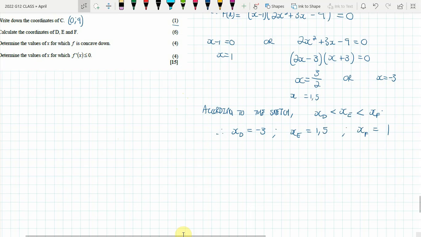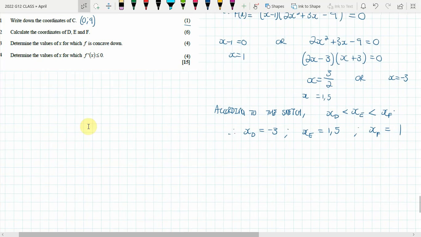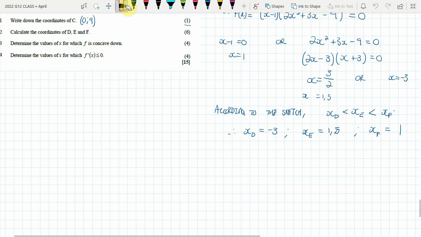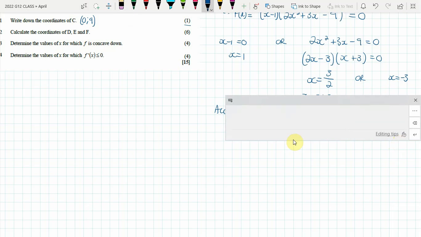But isn't 1.5 bigger than 1? It is. Yes, thank you. I always think small when I see fractions. Then 0.5 there. Thank you.